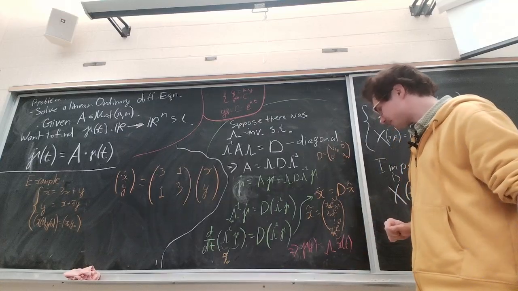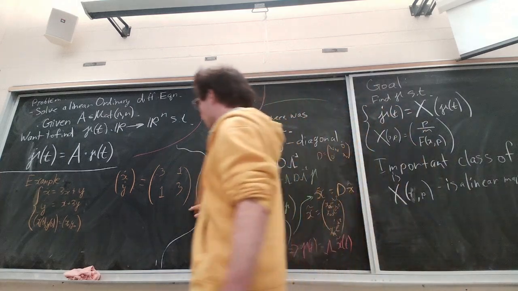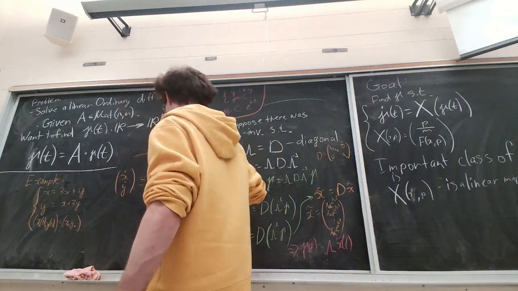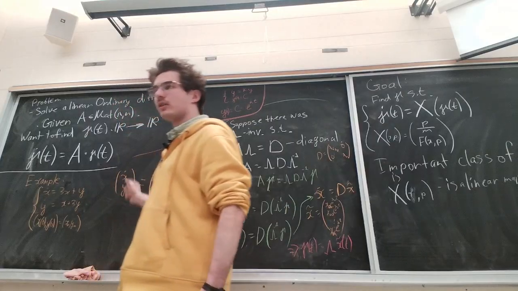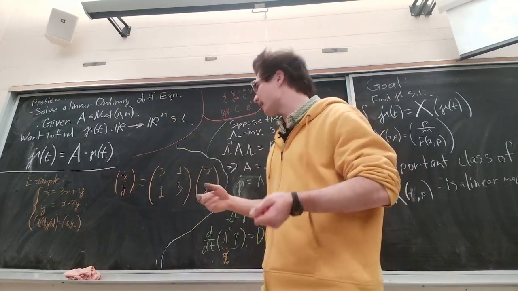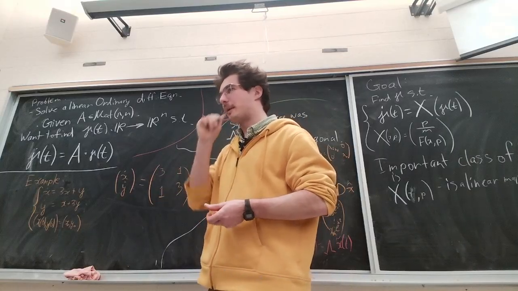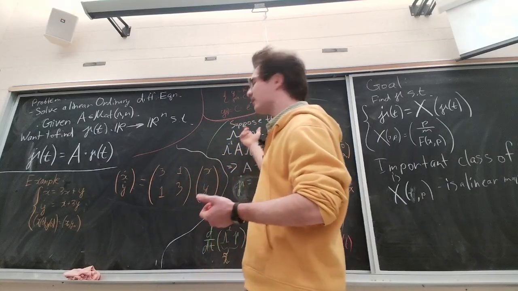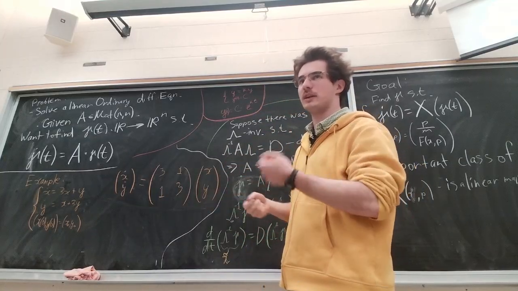Okay? Very good. And so now you can do this for this system. And how can you do this for this system? You roughly need to find the eigenvectors of this matrix, whatever that means. Remember, doing this is roughly like doing a change of basis.